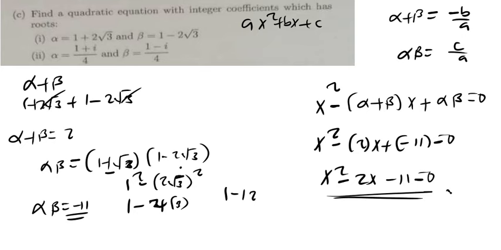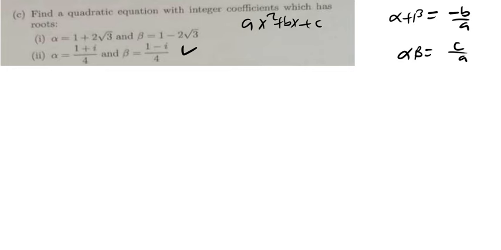You can do the same to do that one, but let me do it for you. We'll follow the same principle, where we say alpha plus beta is (1 plus i) divided by 4 plus (1 minus i) divided by 4.